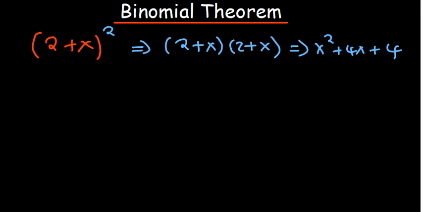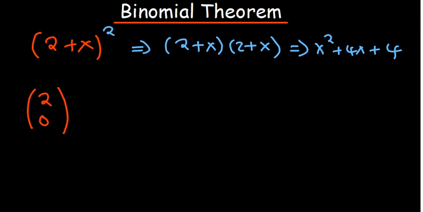Now how would you handle that using the binomial theorem? Remember in this case our a is 2, our x is our b, and our power is n. So you say your n is 2, and of course always start from 0. So 2 choose 0. What are we going to have?